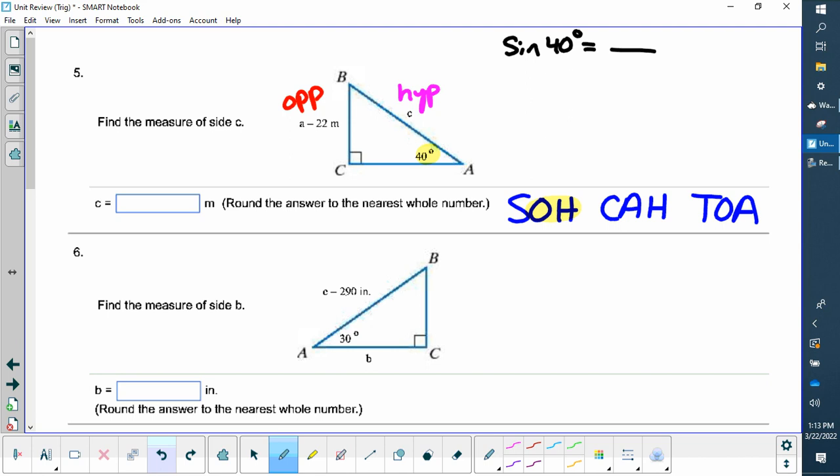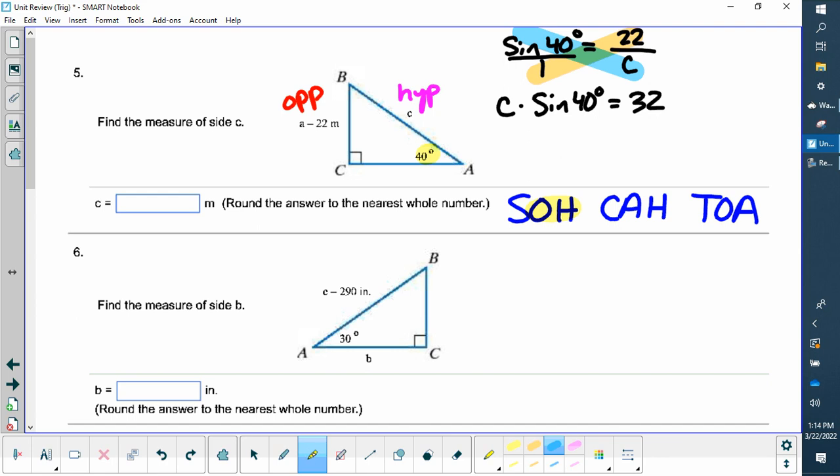Okay, and you have to be very careful. It's got to be opposite, which is 22, over hypotenuse, which is C. I like to turn these into proportions. The way we solve for proportions, just like we did in the last unit, is we cross multiply. Now, this problem's not done. Okay, the last problem, when I cross multiplied, I had my variable all by itself. But in this problem, I get C times the sine of 40 degrees equals 32.